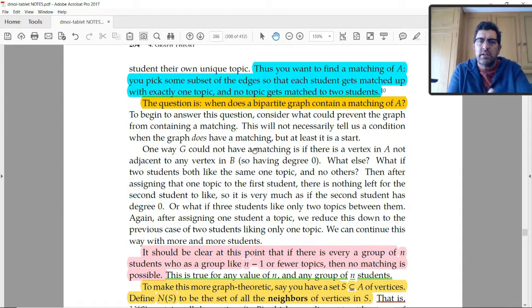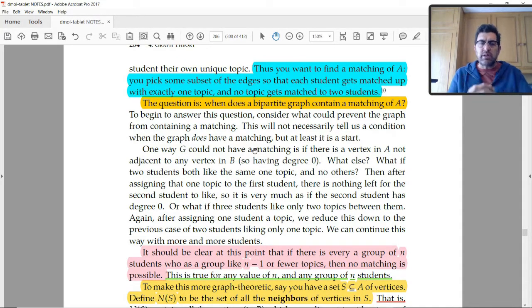Okay, so thus, if you want to find a matching in A, you pick some subset of edges so that each student gets mapped up with exactly one topic, and no topic gets matched to two students. Then you have what we call a perfect mapping.